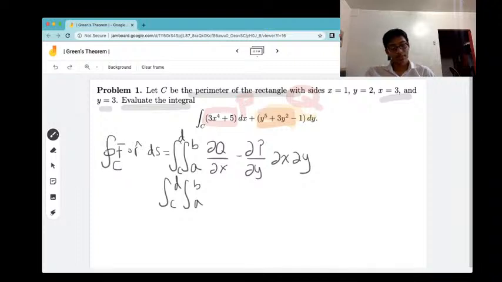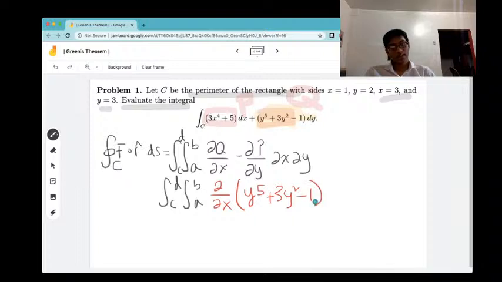Okay, now that we know what we're dealing with, let's just plug in partial q partial x. I can write as partial x of what? Well, q is just y to the 5th plus 3y squared minus 1.